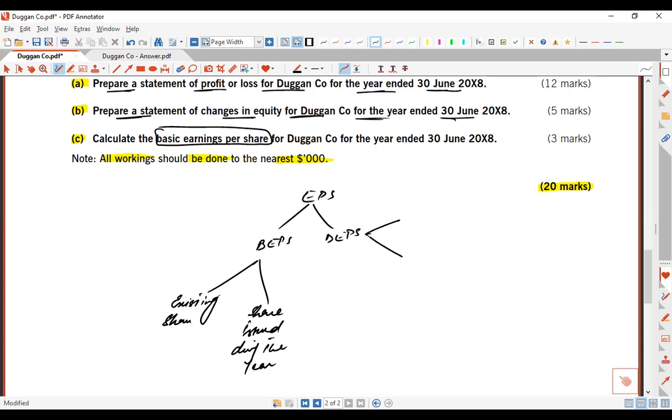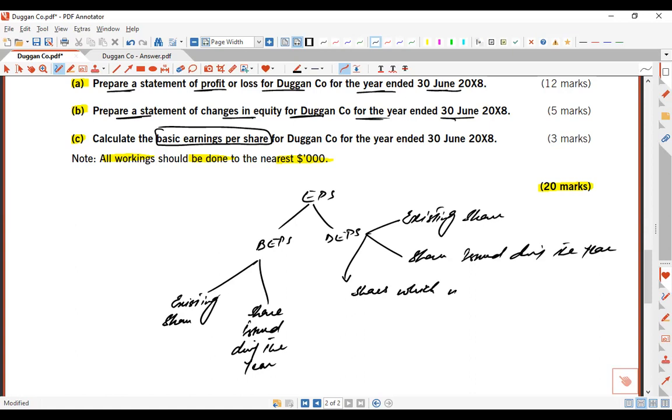Whereas for the calculation of diluted EPS, we actually account for existing shares and shares issued during the year. These 2 things are similar to basic EPS, but another additional thing is required in the calculation of diluted earning per share, that is shares which will be issued in a future time period.